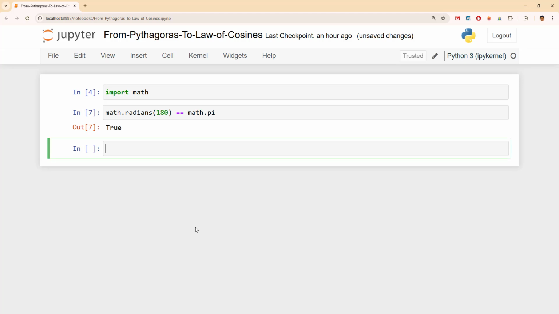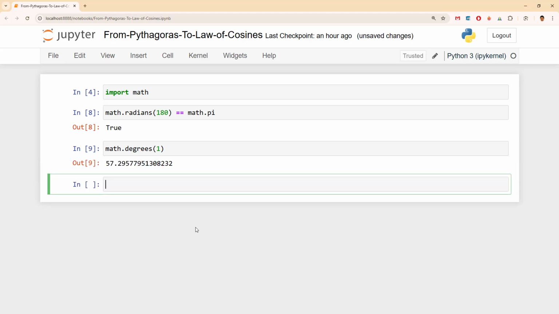Is this something that actually looks strange? I don't know, could be to you. If this is the first time you're seeing radians, then yes, 180 degrees are exactly math.pi radians. And if you want to see how many degrees is 1 radian, this is what you do. 2 radians, this is how it looks. 3 radians, 3.14 is almost like 180. 1.5 or 1.6, yeah, we are there.